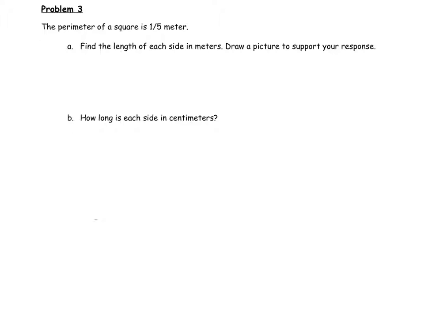Problem number 3. The perimeter of a square is 1/5 of a meter. Part A. Find the length of each side in meters. Remember, this is a square, so we know that each side is the same. So we need to draw a picture to support. Well, how many sides does a square have? So a square is equal to 4 sides. That's an equal sign.